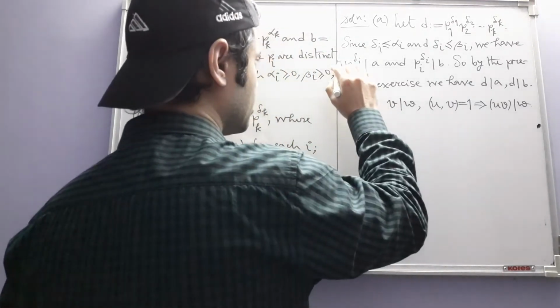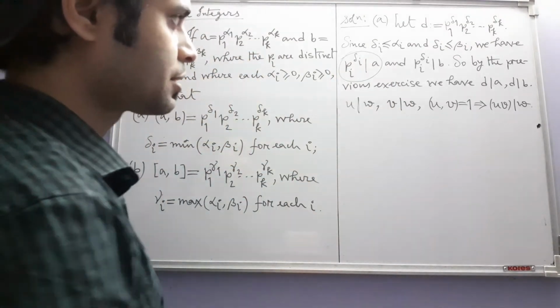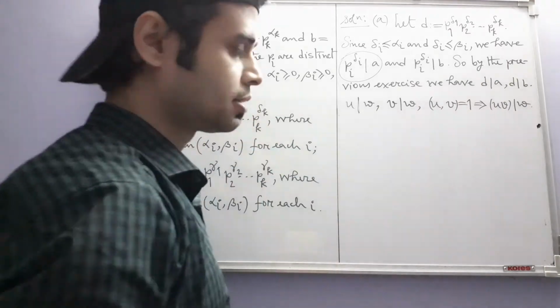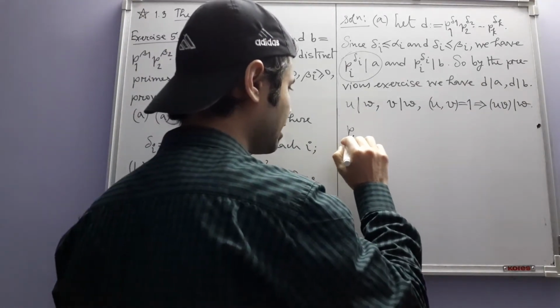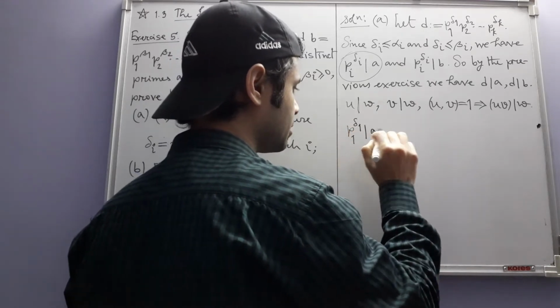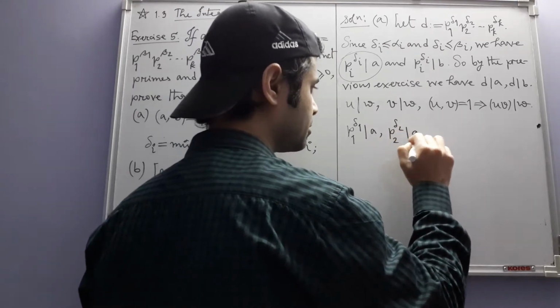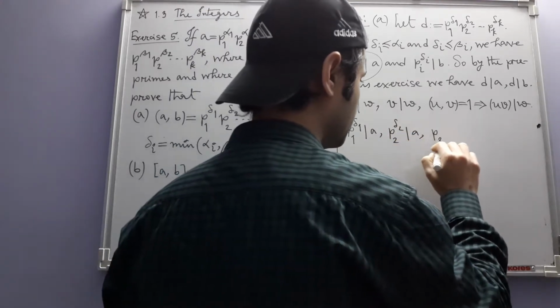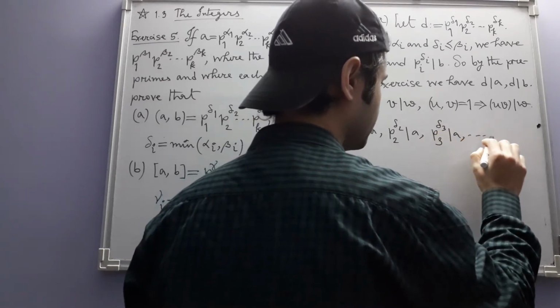Now let me write all these relations first of all to make sense of this conclusion D divides A. Here I have k relations. This divides A. This power also divides A. Let me write one more: P3 to the power delta 3 divides A, and like that.